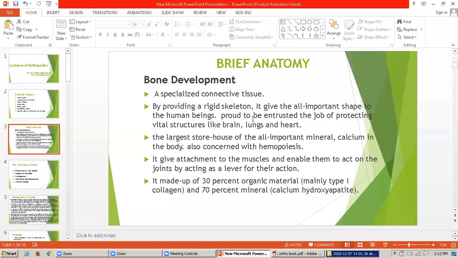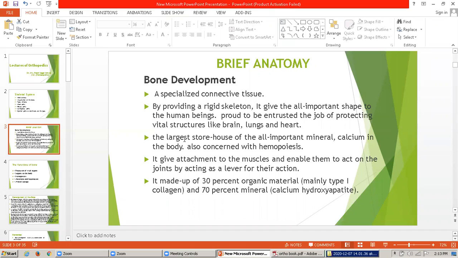So it is proud to be entrusted with the job of protecting vital structures like the brain, lungs and heart. Bone is the rigid skeleton of the human being, and it supports the brain, heart, lungs, and the various important organs of our body.